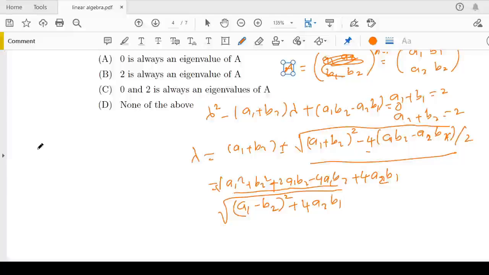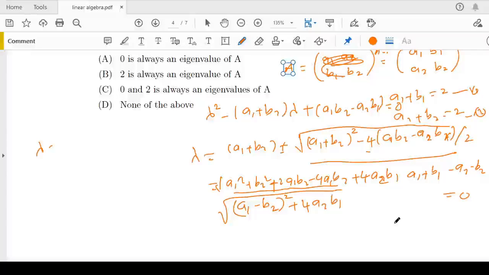Now, this is equation number 1 and this is equation number 2. Take 1 minus 2, therefore a1 plus b1 minus a2 minus b2 equals 2 minus 2 equals 0.